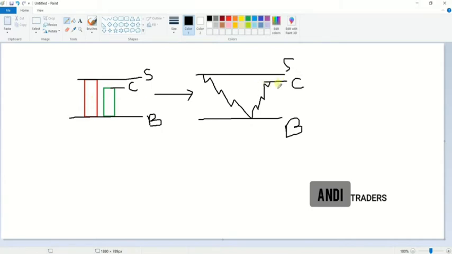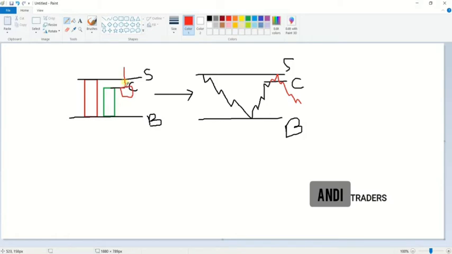So what is the more likely outcome? It is more possible for this candle to go up, hit these sellers, and again sellers enter, and the market goes down. So there is more chance to see a bearish candle like this.